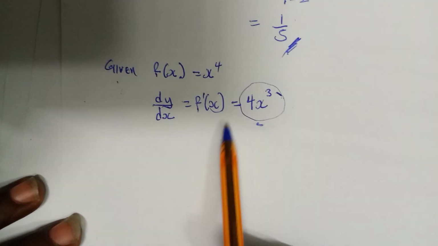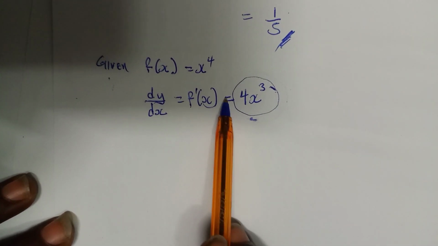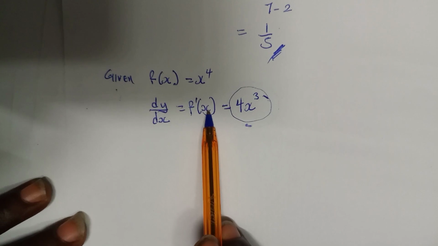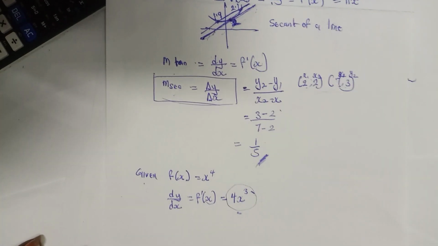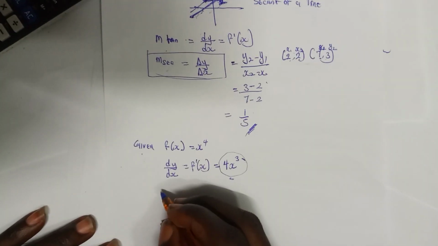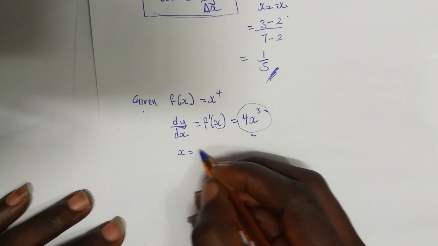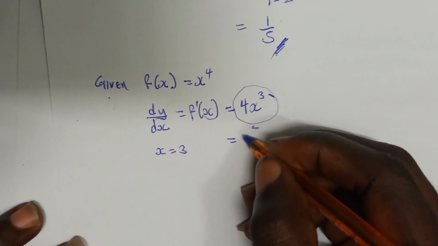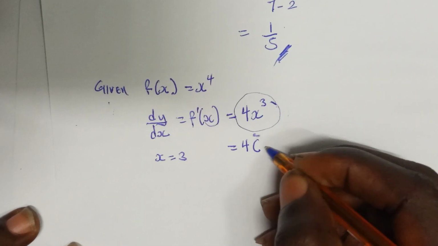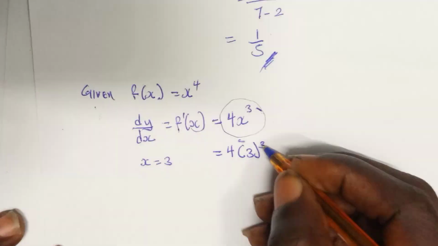Okay, so finding the derivative of f of x, that's the gradient or the slope of the tangent of this line. Let's say x is equal to 3. That's x approaches 3. We are going to get 4 into bracket 3 exponent 3.